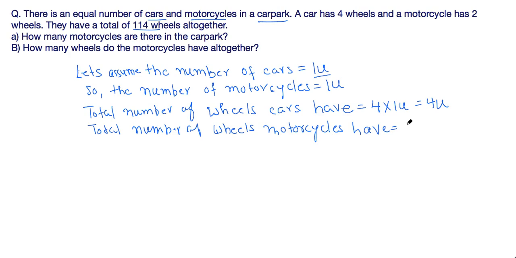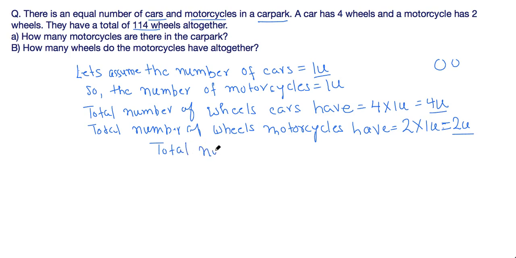Since each motorcycle has two wheels, 1 unit of motorcycles will have 2 times 1 unit, 2 units of wheels. So the total number of wheels cars have is 4 units, and the total number of wheels motorcycles have is 2 units.